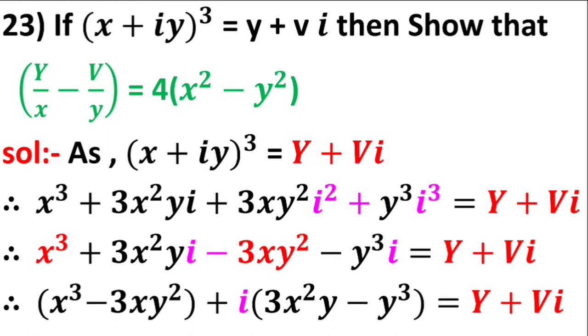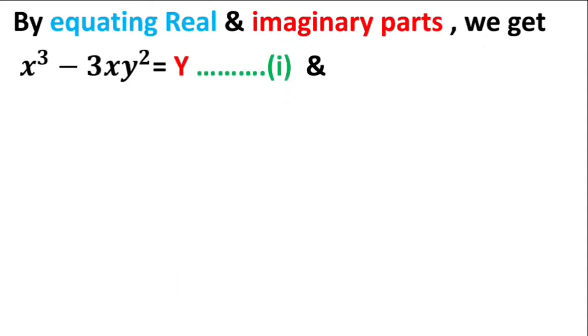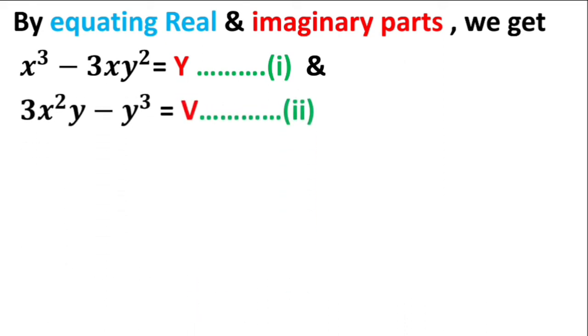So what is LHS? Real number plus imaginary. RHS is also real number plus imaginary. So by comparing real parts and imaginary parts, just apply the definition of equality of two complex numbers. Then you will get x cube minus 3xy square is equal to y. Suppose this is equation number 1, and 3x square y minus y cube is equal to v. Suppose this is equation number 2.